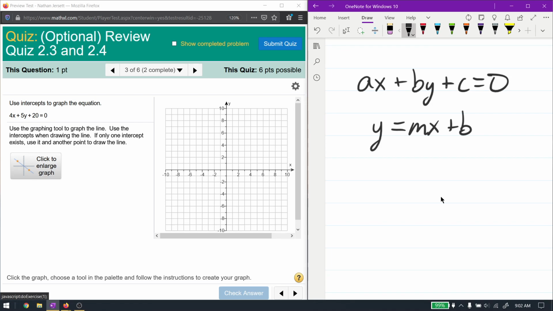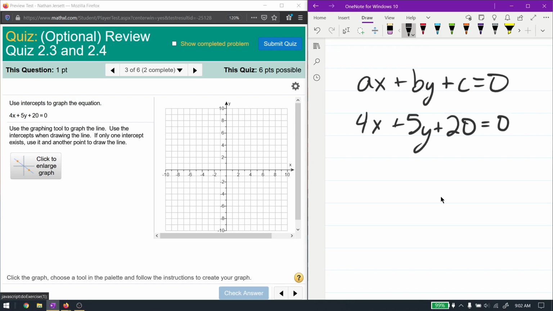Ax plus by plus c equals 0 kind of looks like a quadratic in a way, but it's just really not useful to work with. So what you could do is solve this equation for y, and that would give you the slope-intercept form. But there's no need in this case because it's asking us to use the intercepts to graph the equation.